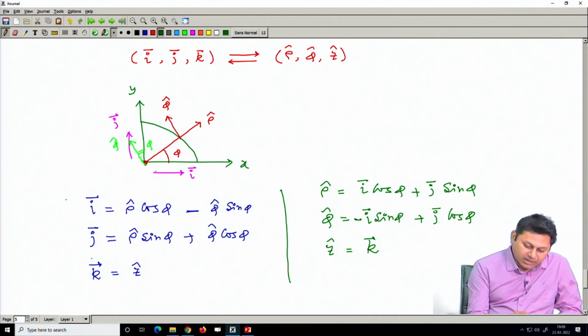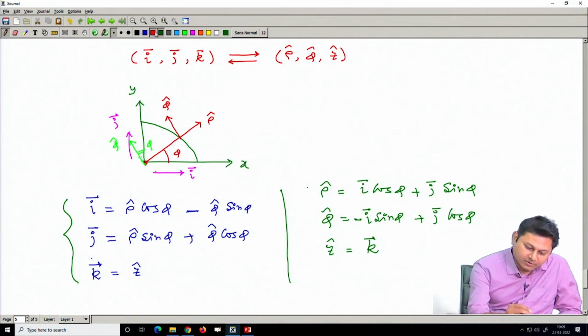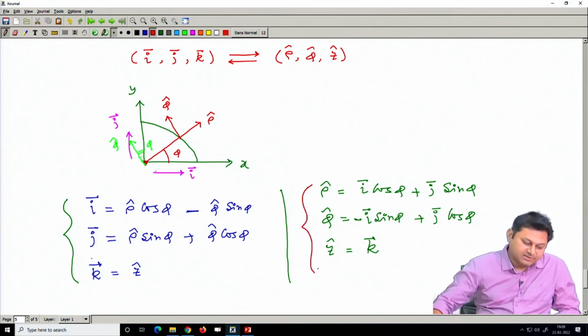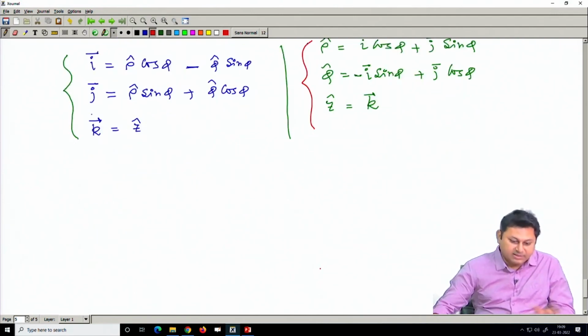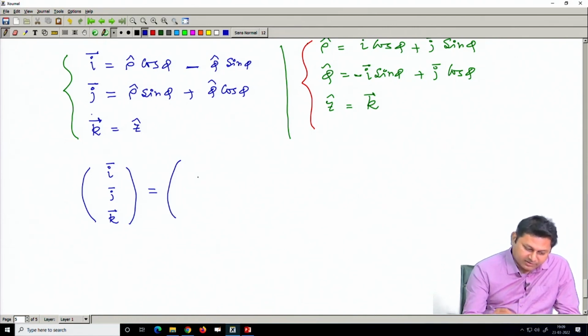So, here I decompose ijk in terms of rho phi z, here I decompose rho phi z in terms of ijk. So, I can have a relationship between these two and I can write this in a matrix form. That is interesting. This is a transformation. This is called the transformation of unit vectors. So, if I write this transformation in a matrix form, I simply write i, j and k here. This side, if I write in matrix form, it should be simply cos phi, minus sin phi and 0.